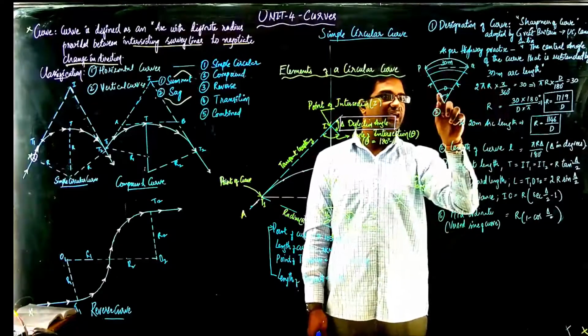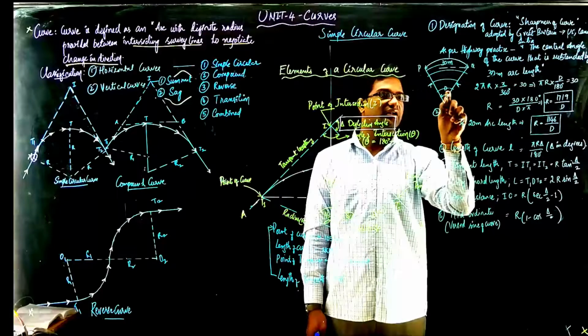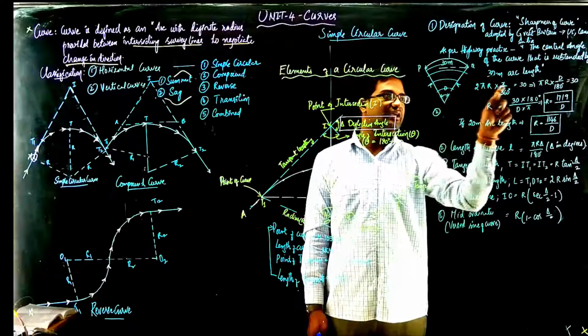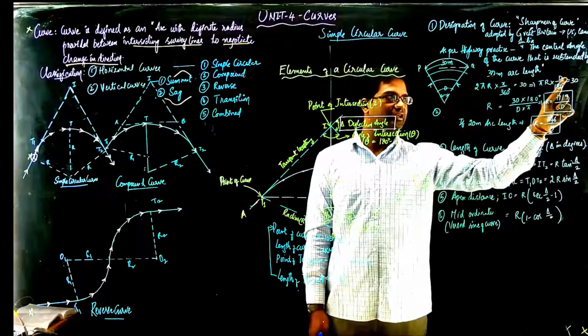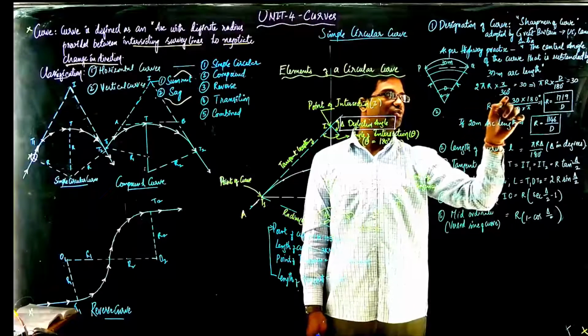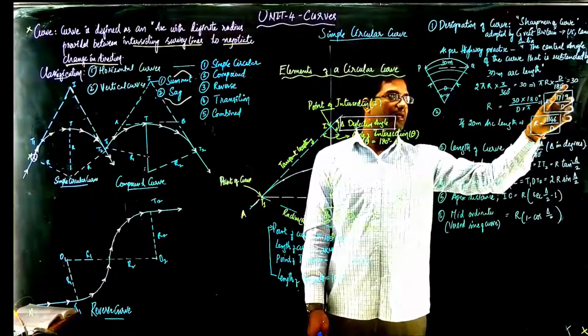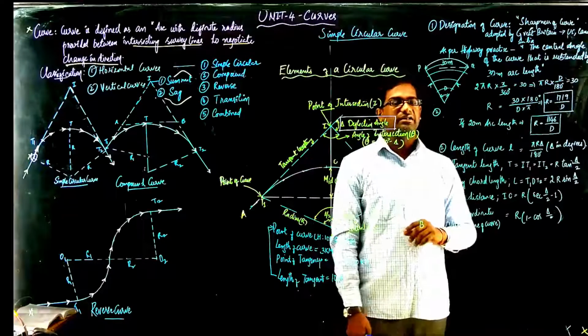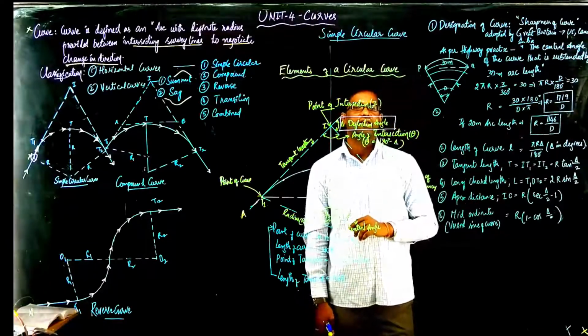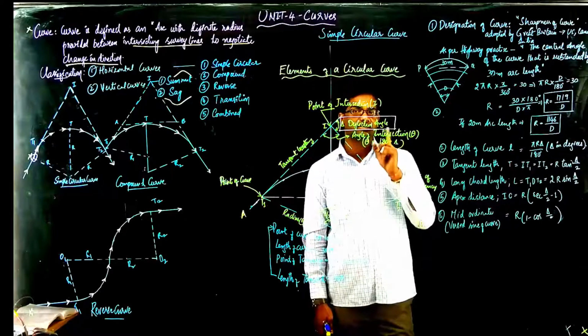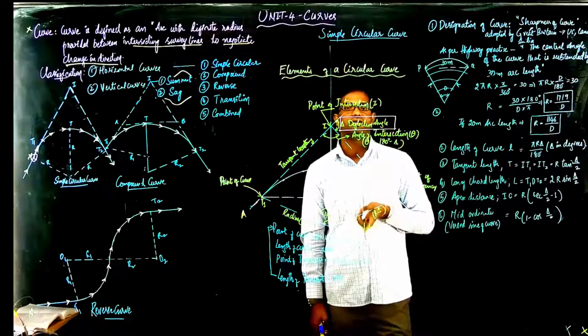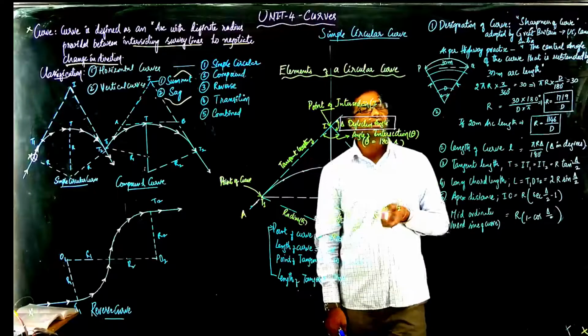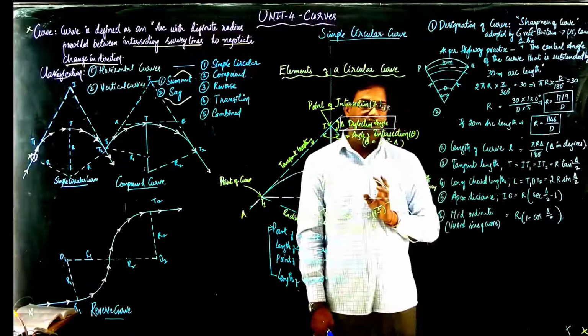X is the angle subtended by the arc. If you simplify this, you get radius R equals 1719 by D, where D is the degree of curve in degrees and R is in meters.